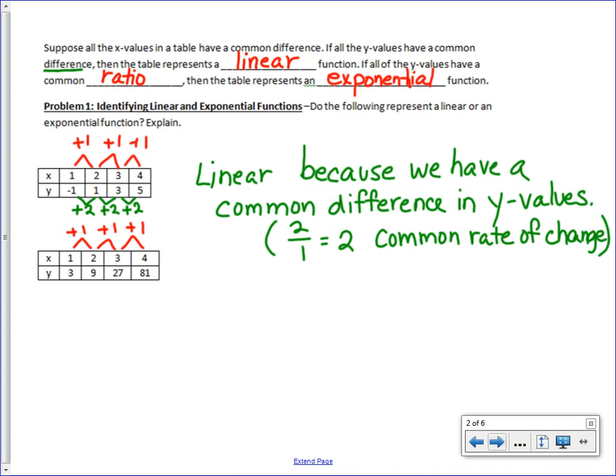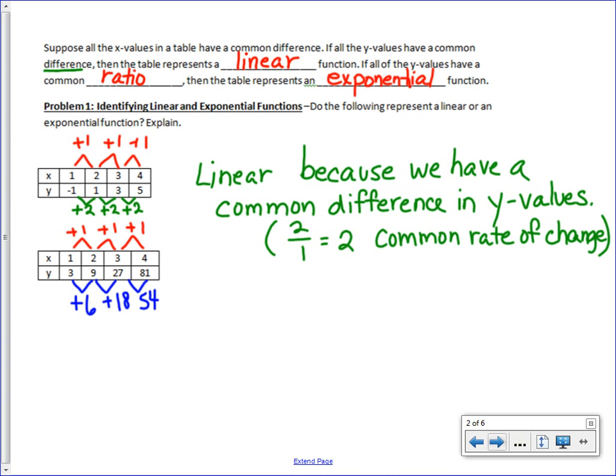Okay, or our slope. In our next example, you'll notice that to get from 3 to 9, we would be adding 6. To get from 9 to 27, we're adding 18. And to get from 27 to 81, we are adding, let's see, 54.